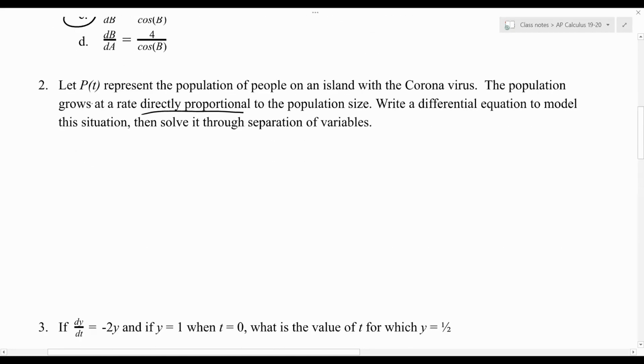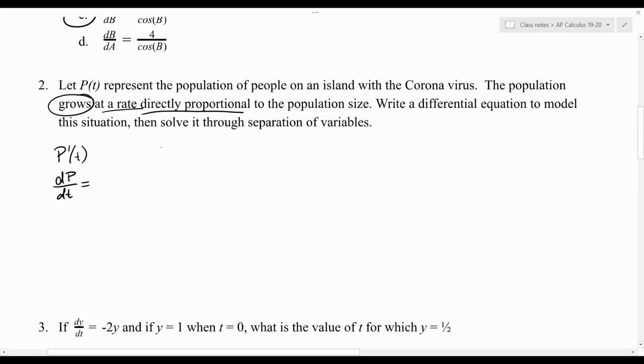The population is growing at a rate. So if we have a rate of the population, that would be P prime of t, or dP/dt. These are the same thing.